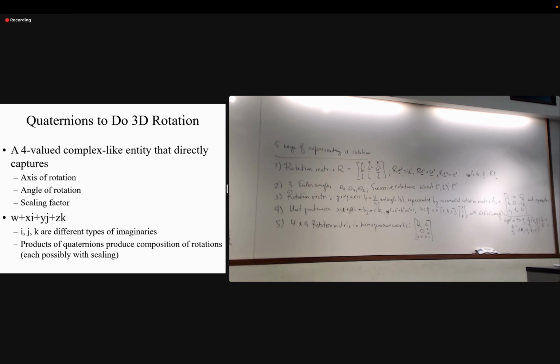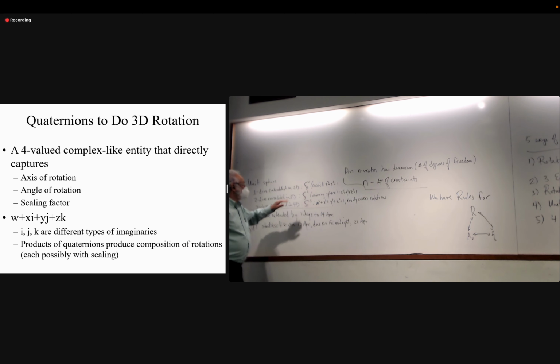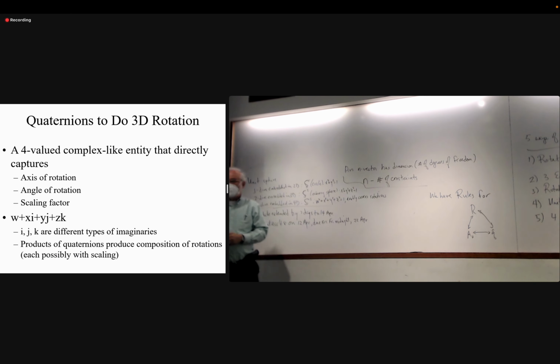So it's not surprising that it's going to live on the 3 sphere, which has 3 degrees of freedom. I made a mistake, a foolish mistake last lecture, and put the wrong indices on these spheres. The unit sphere in 2 dimensions is a 1-dimensional thing, right?